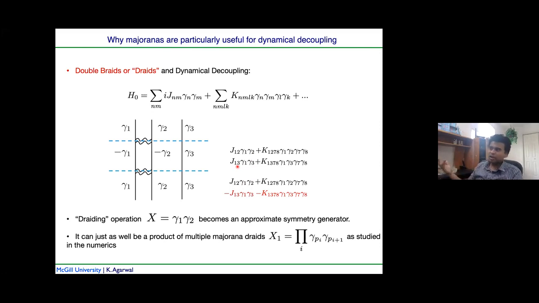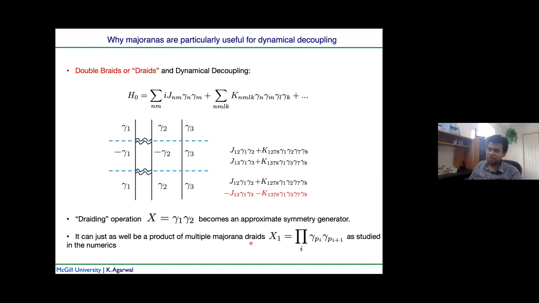So another way of putting the same thing is that if I look at the effective Floquet Hamiltonian, then the braiding operation, which is this unitary gamma 1 times gamma 2, becomes a symmetry generator of the dynamics, where it commutes with the Floquet Hamiltonian.